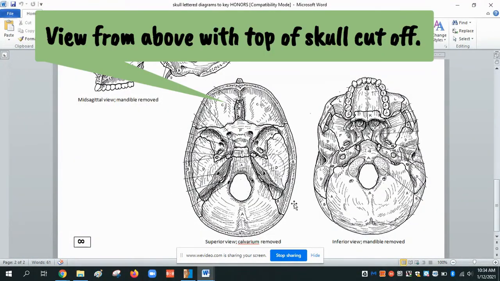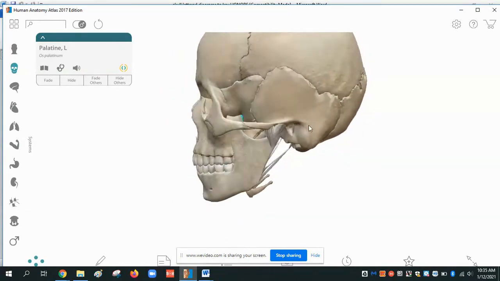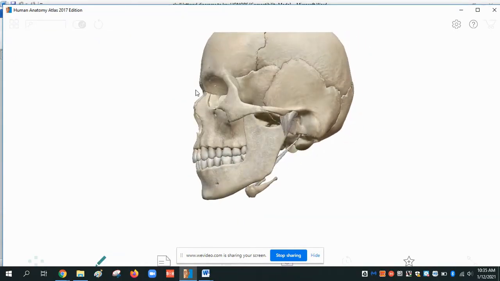This is a view from above with the top of the skull cut off. So we're looking down from the top into the cranial cavity. I can't really show you on here, but it would be almost as if we were going to cut the skull like this and then look on the inside.